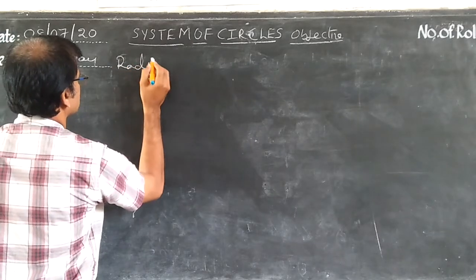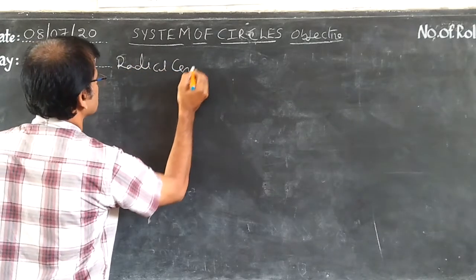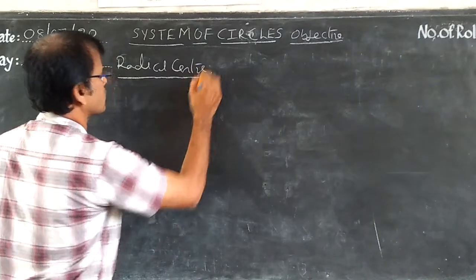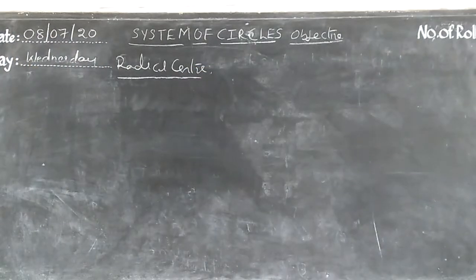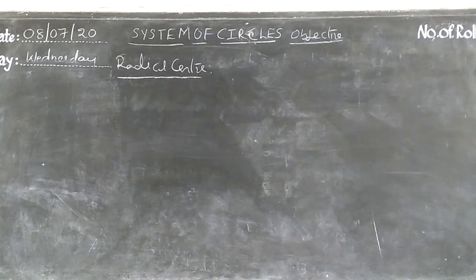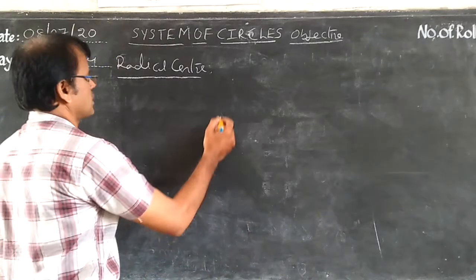We know that the radical center is the point of concurrence of the radical axes of three or more circles.